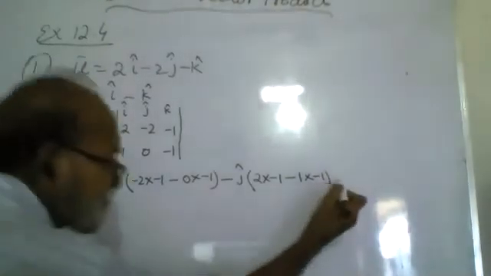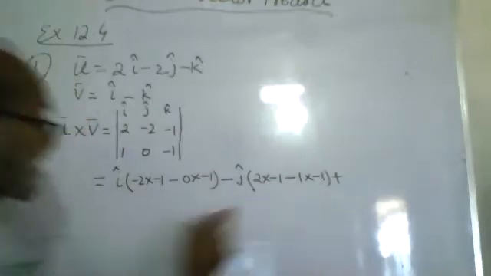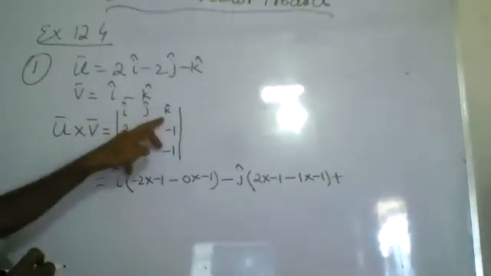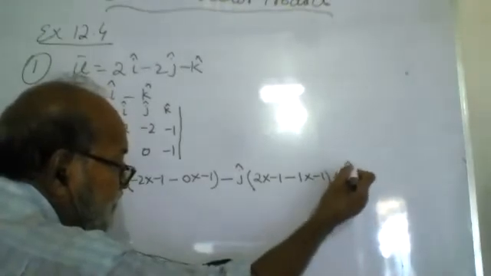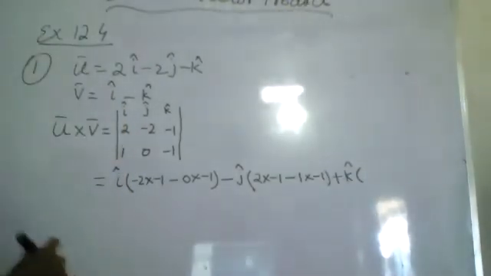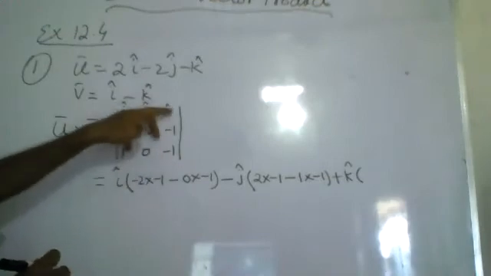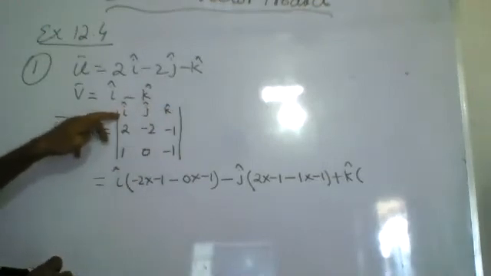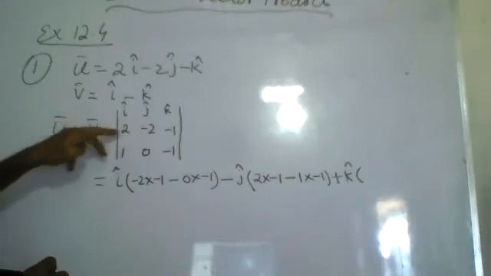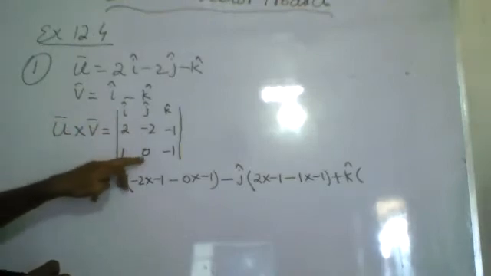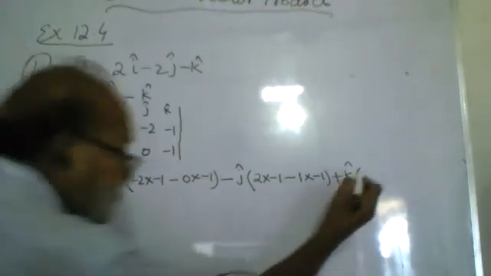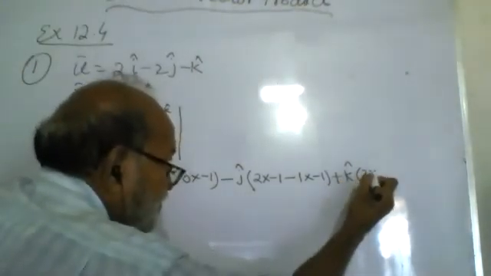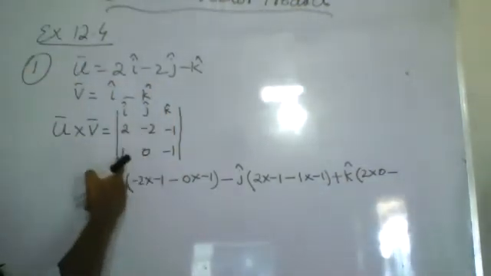Then plus, we take the third number, k. This column and this row are removed. The numbers left are 2 minus 1, 1, 0. First the primary diagonal, 2 into 0, minus 1 into minus 2.